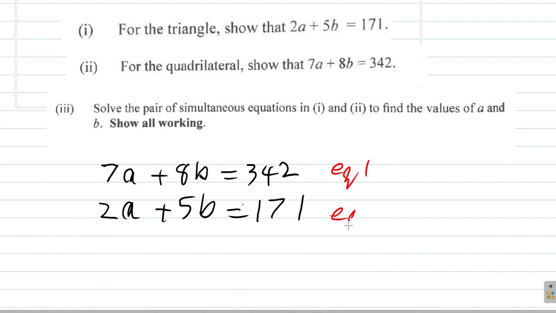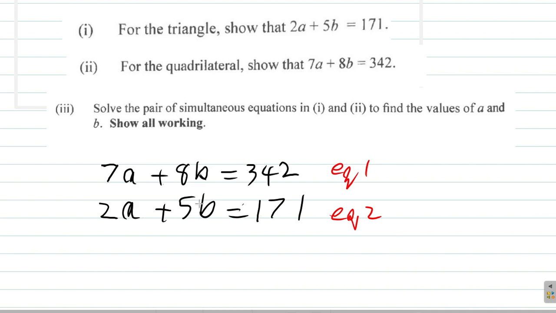You remember, you can always add 2 equations and get a third equation, and you can always subtract 2 equations and get a third equation.